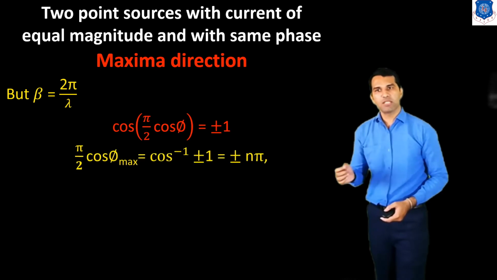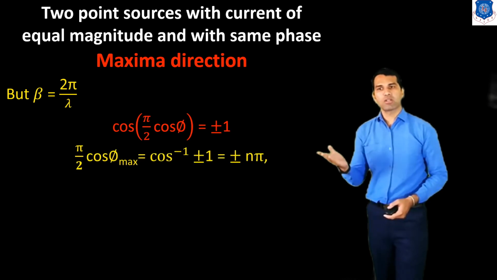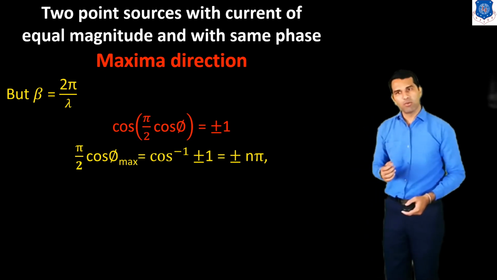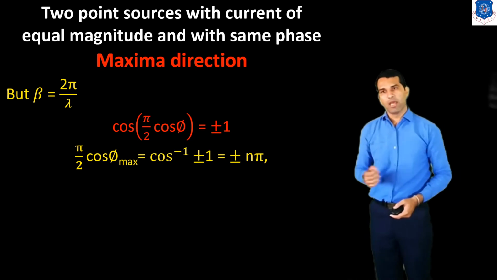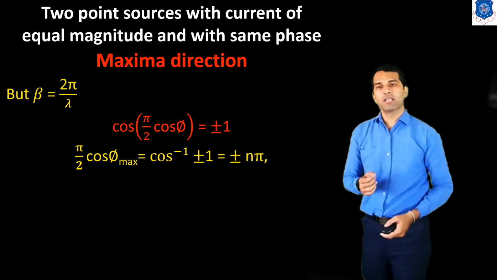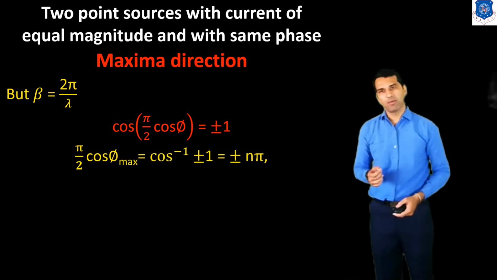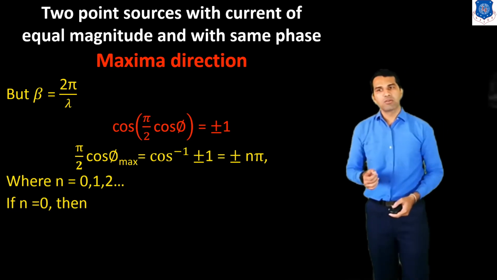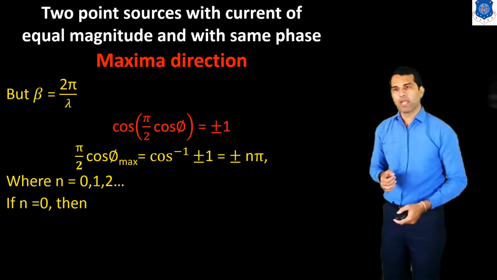Now we solve this equation. The cos goes to the right-hand side, so it becomes cos inverse of plus or minus 1, which is nothing but plus or minus n pi, where n equals 0, 1, 2, 3 and so on.